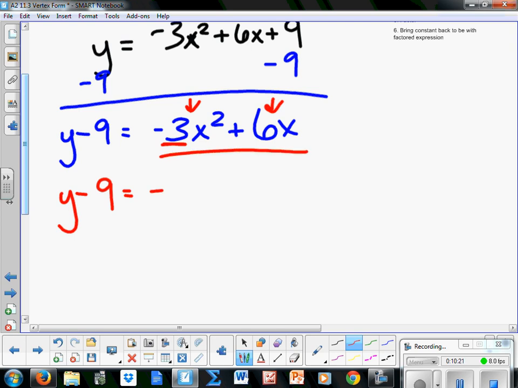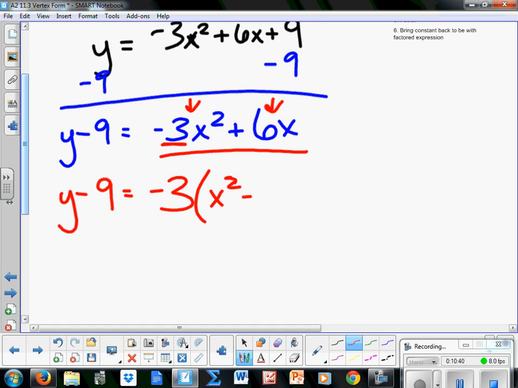If we factor -3 out of that expression, -3 times what will give me a -3x squared? X squared. Now -3 times what is going to give me 6x?